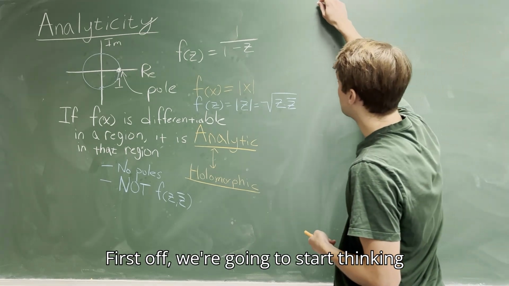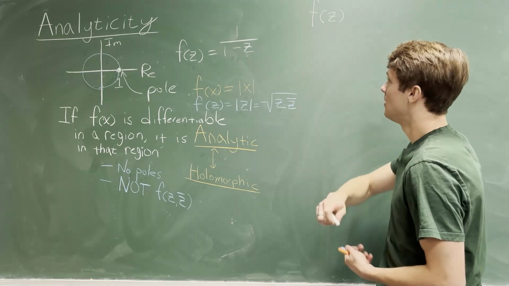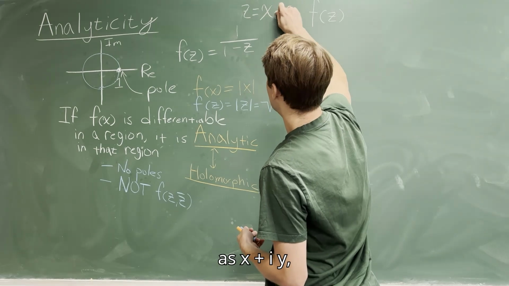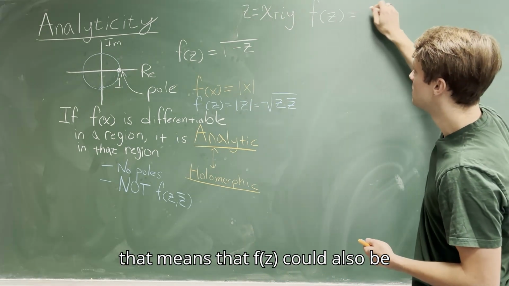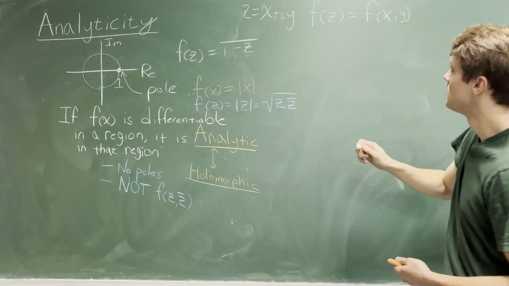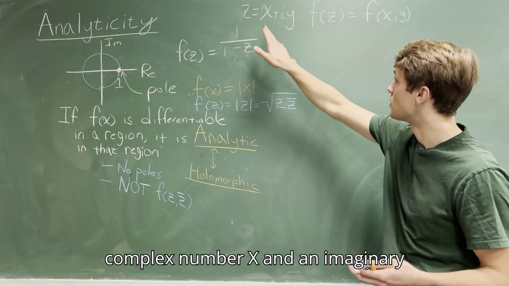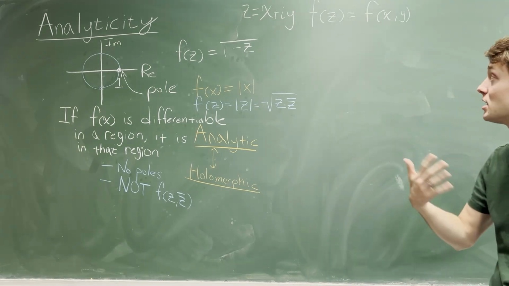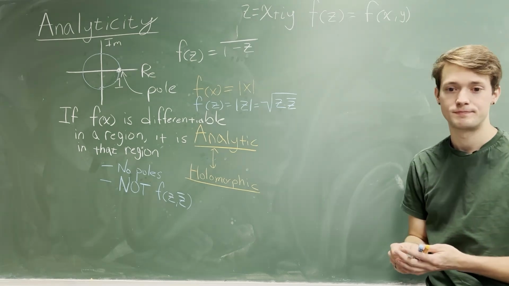First off, we're going to start thinking of our function f of z. And since z can be written as x plus iy, that means that f of z could also be thought of as f of x or y. Since we have a real part of our complex number x and an imaginary part y, our function could depend on either of those parts individually. So we could write it as f of x comma y.